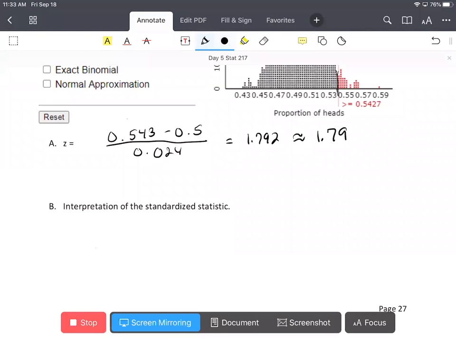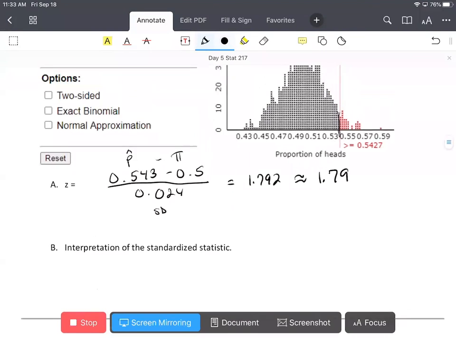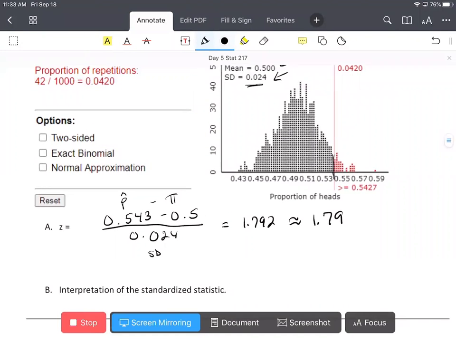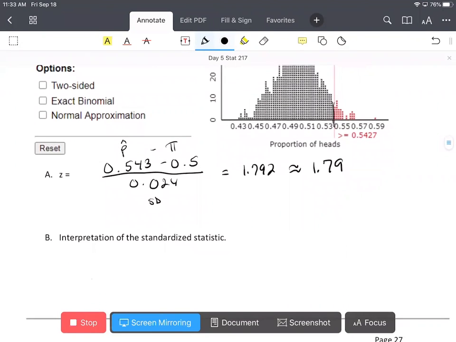So hopefully you took p hat minus pi over the standard deviation of the null distribution that's given to you right up here. If you do that calculation, always feel free in this class to use a calculator. Just subtract, divide, and you end up with 1.79.